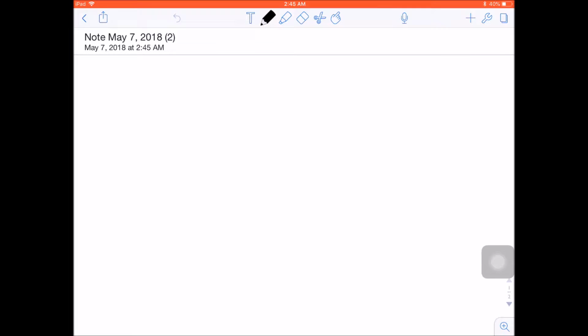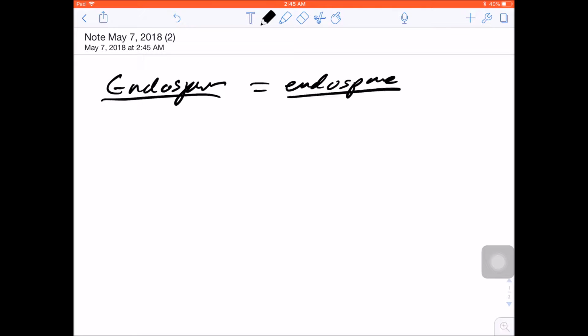Real quick, I kept on saying endospore in the last part where I was referring to the nutritive material surrounding the embryo. That's actually endosperm. I don't know why I kept on saying that. It's late, but endosperm is the actual nutritive material.